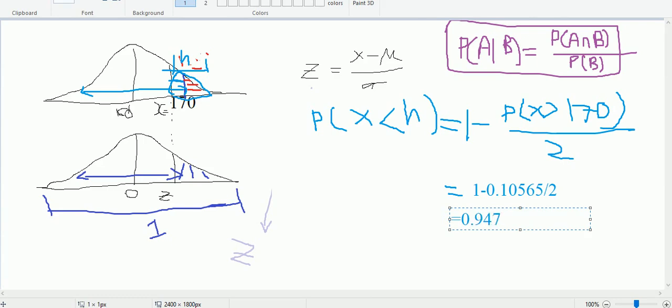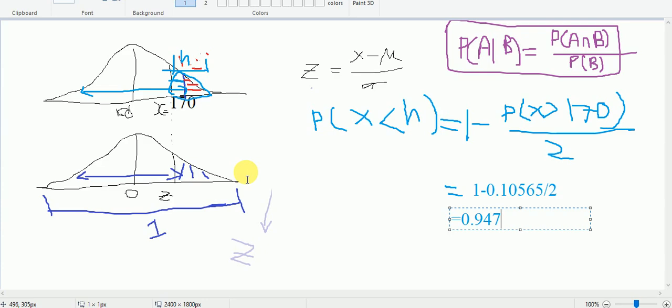So basically 94.7% of the female students will be in this area. They will fall within the lower half of tall values, and the rest, only 0.06, will be here above the value of H.